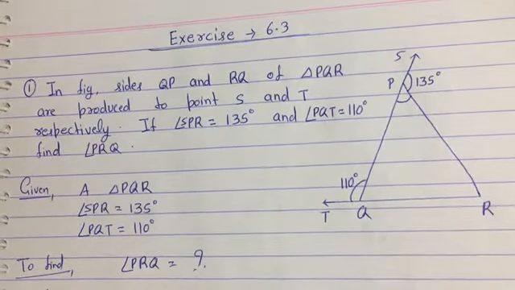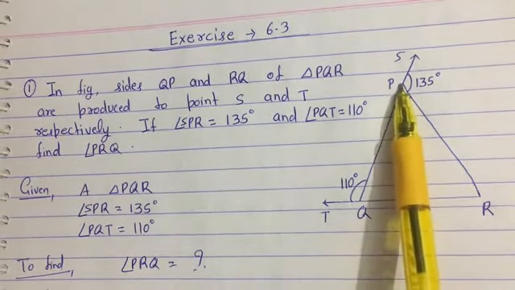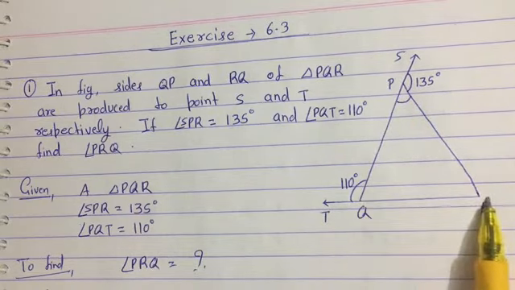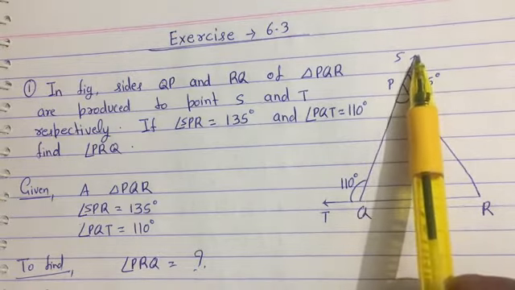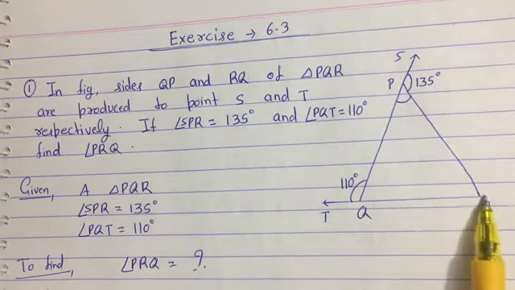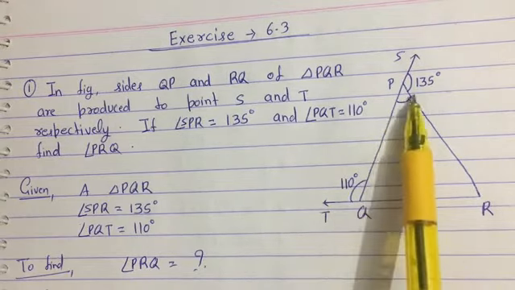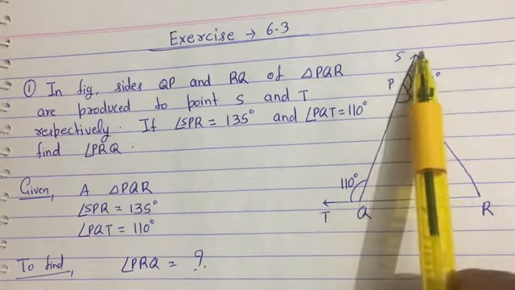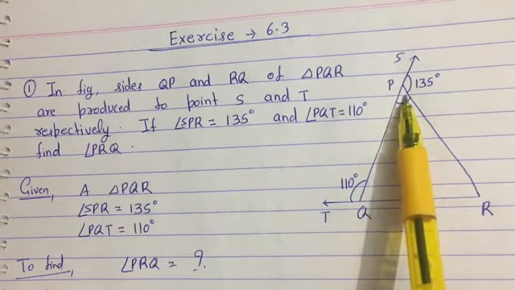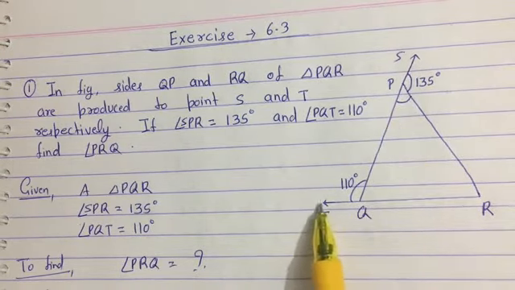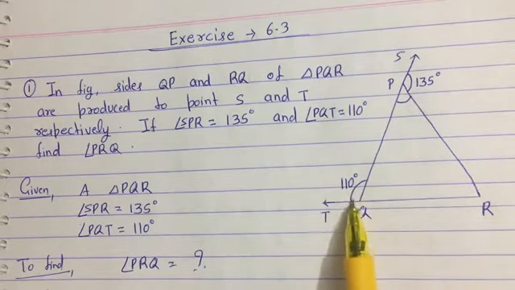Now it's time to discuss the figure. In this figure, this is triangle PQR. First, side QP is produced to point S, and second, RQ is produced to point T, and two exterior angles are given: angle SPR, this one is an exterior angle, and angle TQP, this one is an exterior angle.